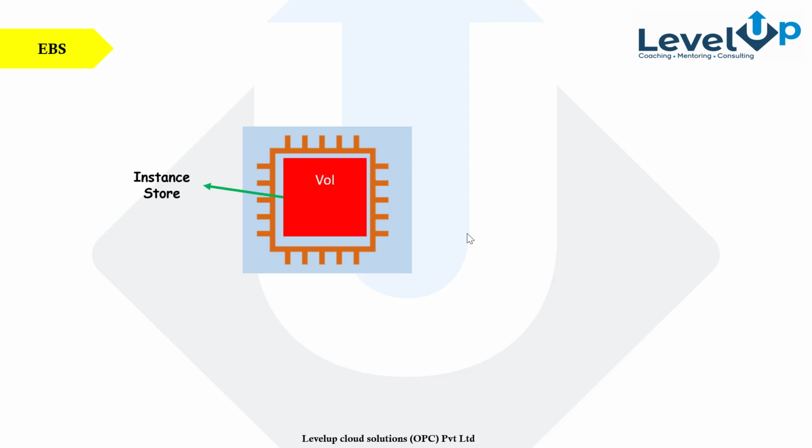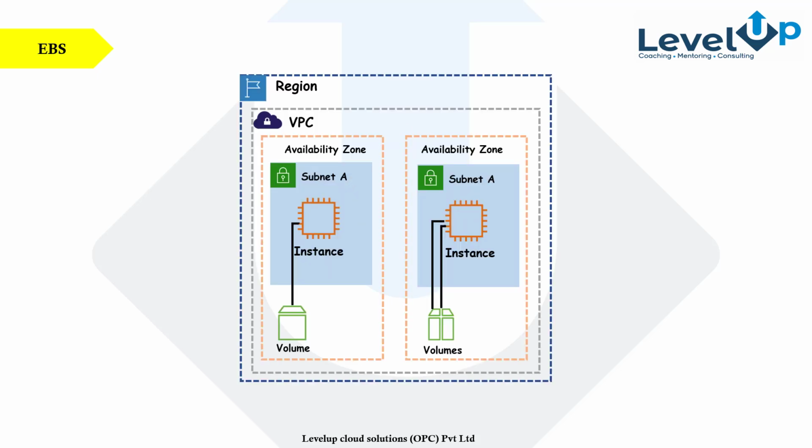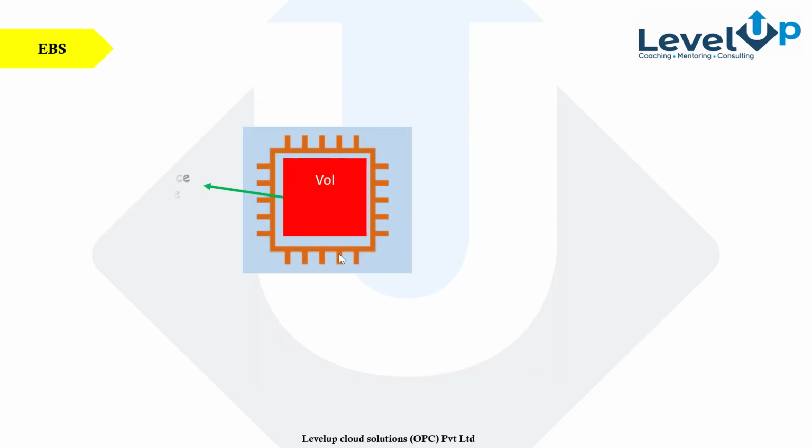Okay, now if you see the slide before, this volume is external to the virtual machine. This EC2 instance is not, this volume is not inside the EC2 instance, it is external. Now if you see this one, there's a volume inside the EC2 instance also.